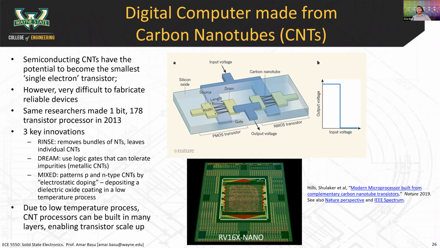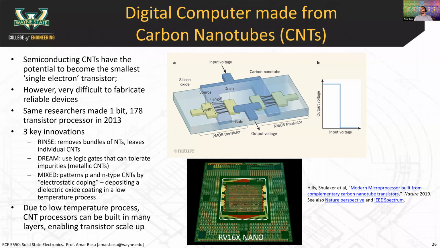So they had ways of designing logic gates that can tolerate that. The other thing is you need to have N-type and P-type. We haven't talked much about doping yet, but you need N-type and P-type semiconductor in order to make transistors. So they figured out ways to make and pattern P-type and N-type carbon nanotubes.